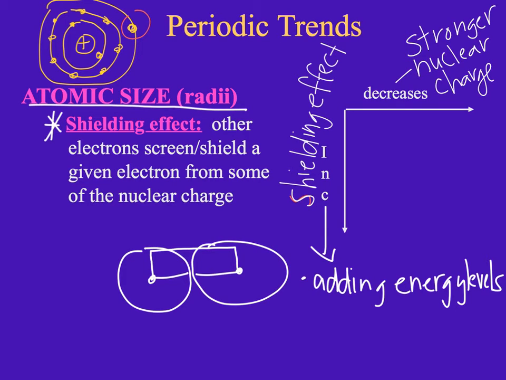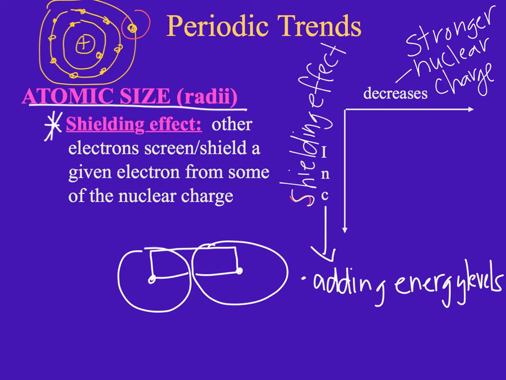Therefore, it's going to pull in all of those electrons tighter. That's why they get smaller in size. It's really pulling in all the electrons towards the nucleus because that charge is very strong, so they're very attracted. That's why it gets smaller in size as you move across.